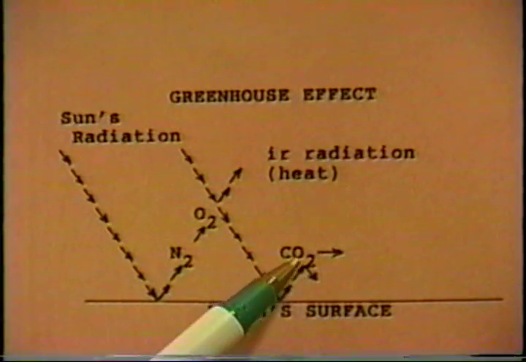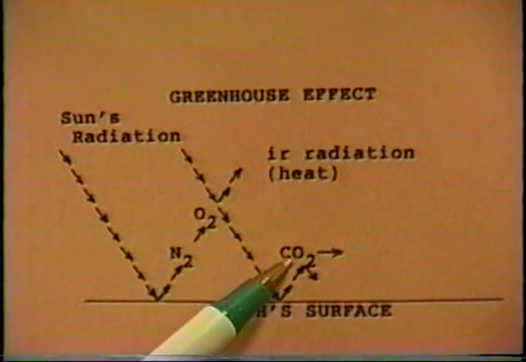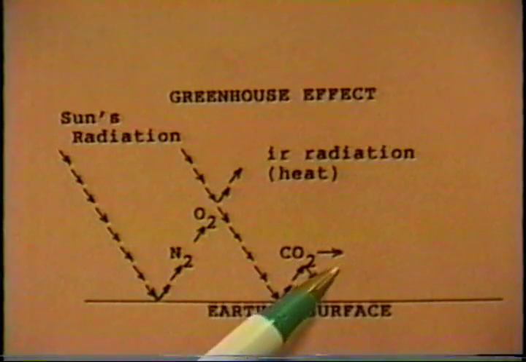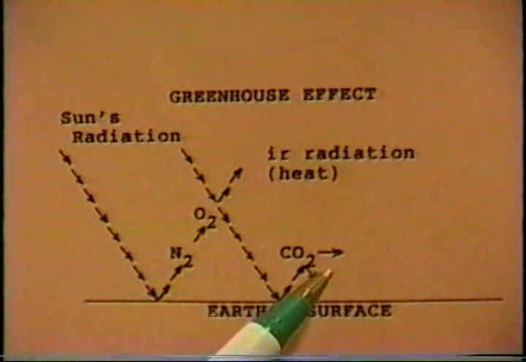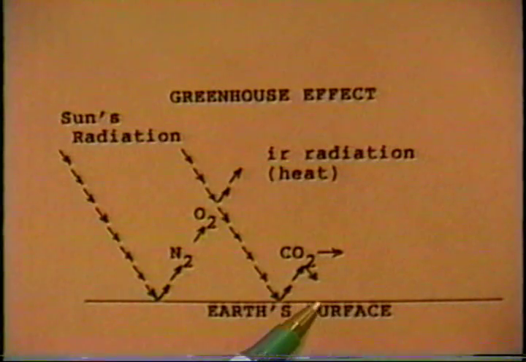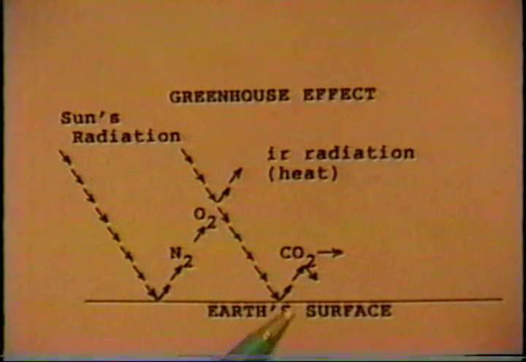However, carbon dioxide absorbs infrared radiation and then re-radiates it back as heat. Now, some of this heat is directed at the Earth and will warm the surface. Therefore, an increasing concentration of carbon dioxide, particularly in the lower atmosphere, will cause an increased warming of the Earth's surface.